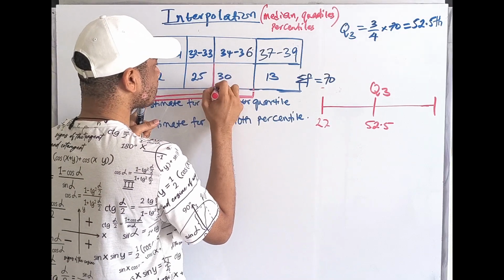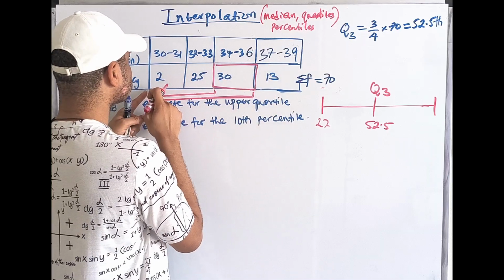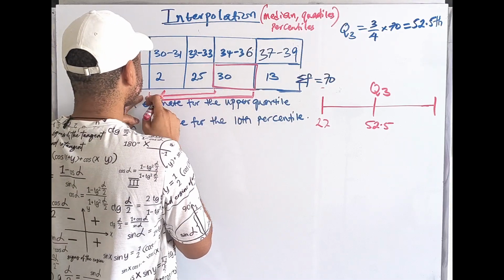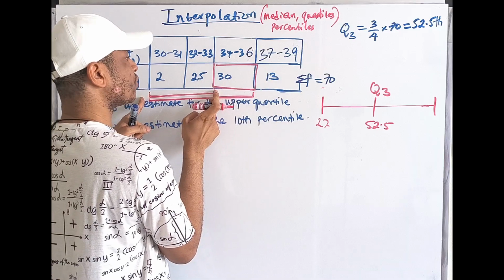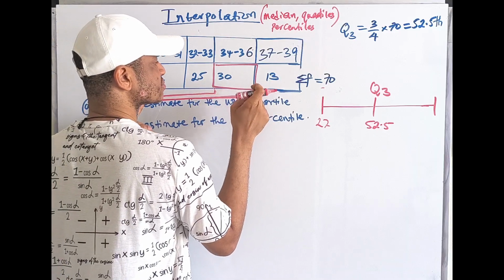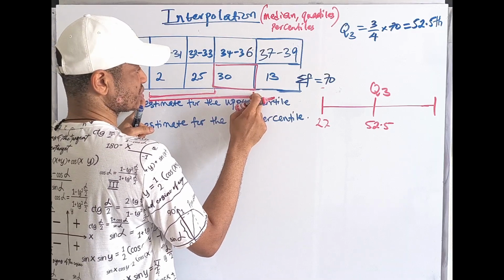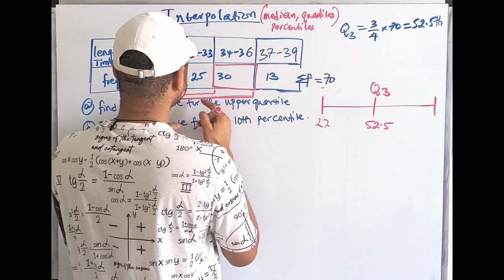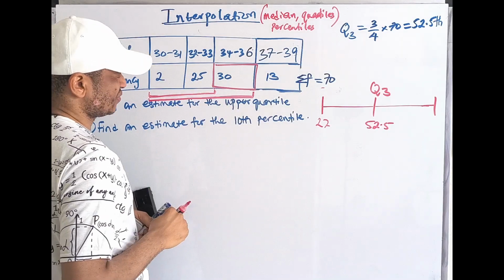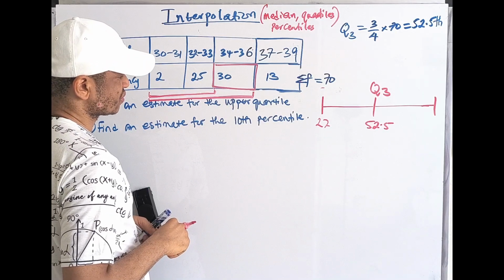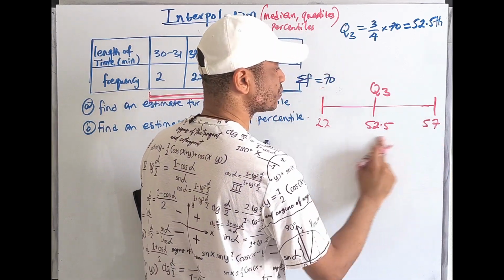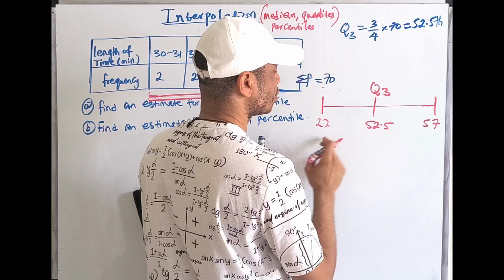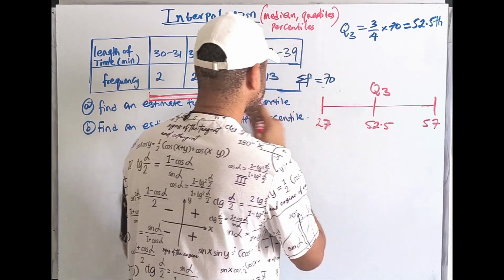So I take the frequency up till there and the frequency beyond that point, in this box, before that point and after that point. So this will be 27, 52.5, 57. This is the position of each frequency.